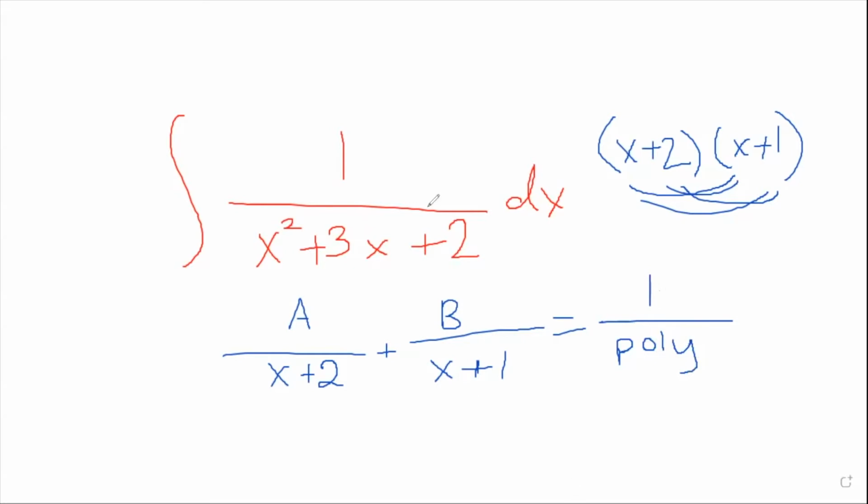What we can do is multiply these, and what we essentially get in the numerator is no longer a and b, but a times x plus 1, and then b times x plus 2. Between both of these we have an addition, and in the denominator we still have just the polynomial now.